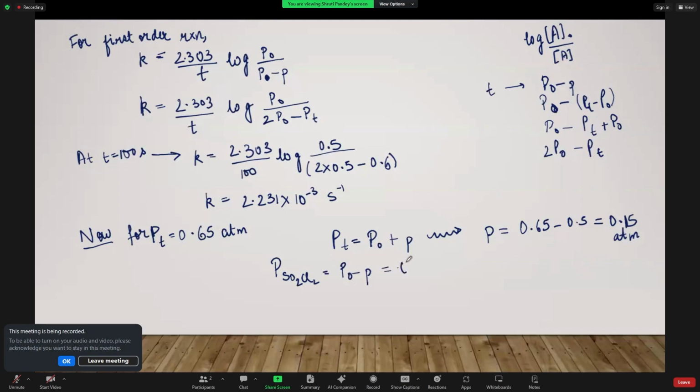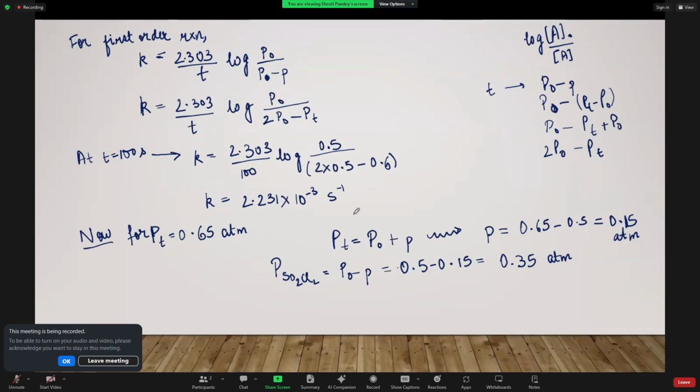P naught is again 0.5, but P is 0.15 here. So this will be 0.35 ATM. ठीक है, ये सारी जो वैल्यूज हैं, पार्शियल प्रेशर ऑफ SO2Cl2 और स्मॉल p और PT, ये सारी वैल्यूज हैं when PT is 0.65 ATM.